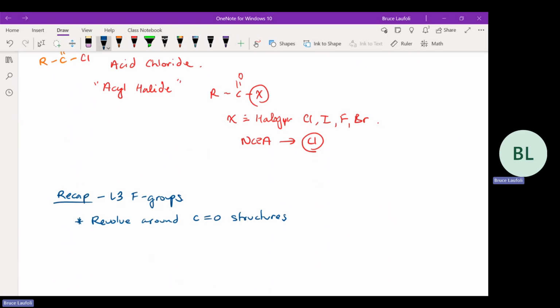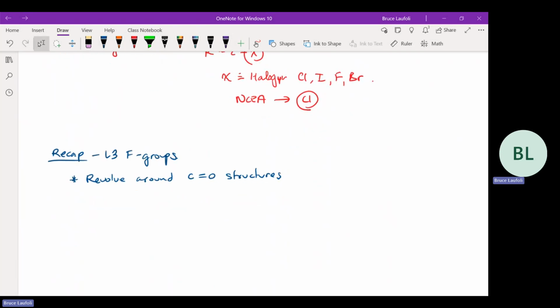Aldehydes are at the end, ketones are in the middle.